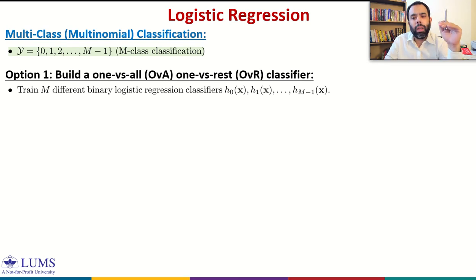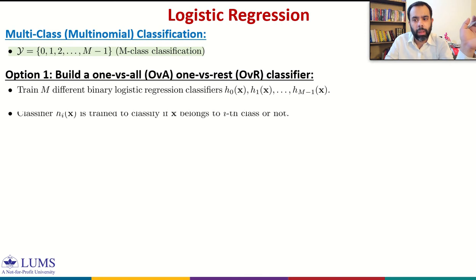Each classifier classifies one class with respect to all other classes. h0 classifies class 0 versus all others, h1 classifies class 1 versus all others, h2 classifies class 2 versus all the other classes. So classifier hi is trained to classify whether x belongs to the ith class or not. In this way, we have m different binary classifiers.